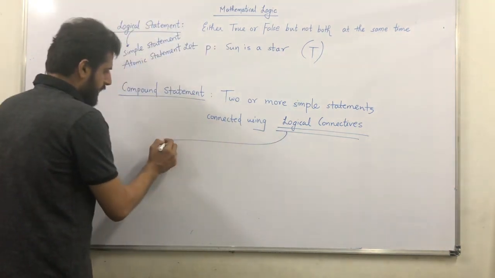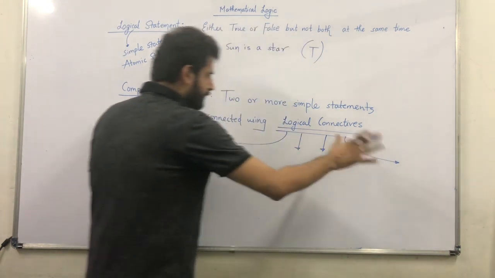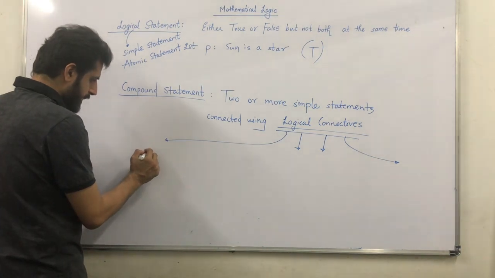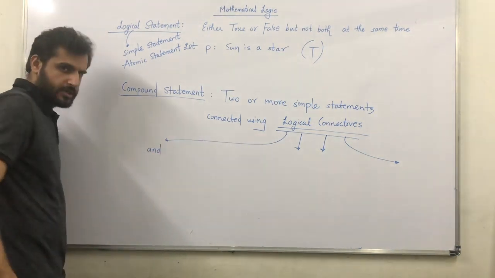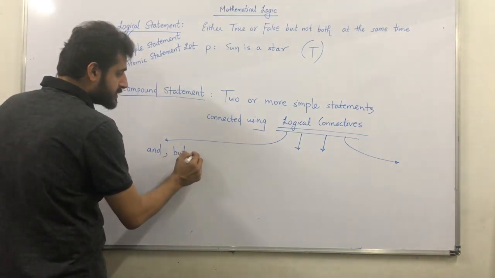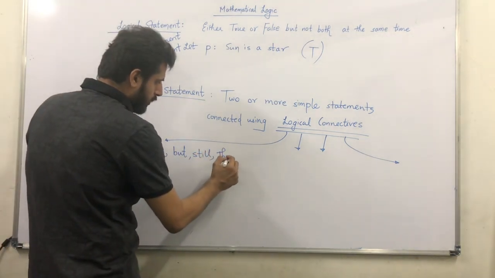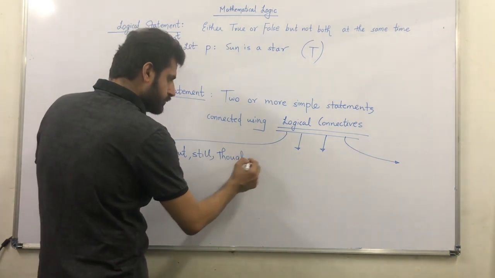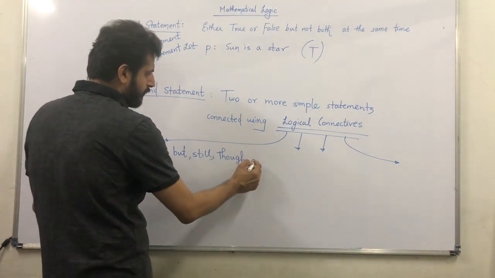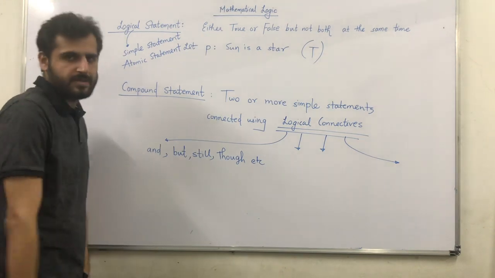Okay, so we have a lot of logical connectives. The first which I am talking about is AND. We can use AND as a logical connective. We can say but, still, though, although, and so on, etc. These are examples of logical connectives. It is more or less like an English compound statement.